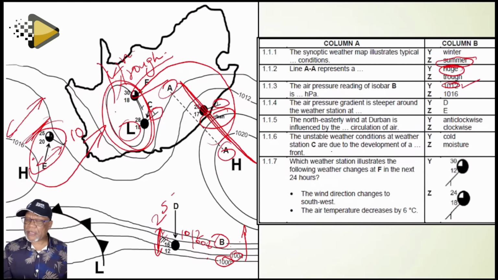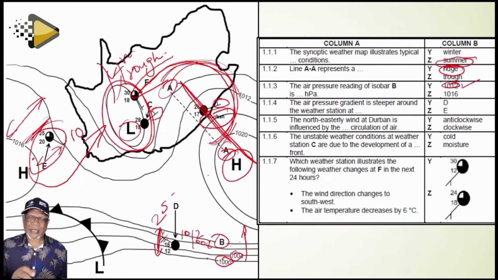So the question is, the northeasterly wind at Durban is influenced by the circulation, anti-clockwise or clockwise. Now we're saying it is because of the anti-clockwise. The influence is mainly because of what? Of this South Indian high pressure cell. And this side, it is the South Atlantic high pressure cell.